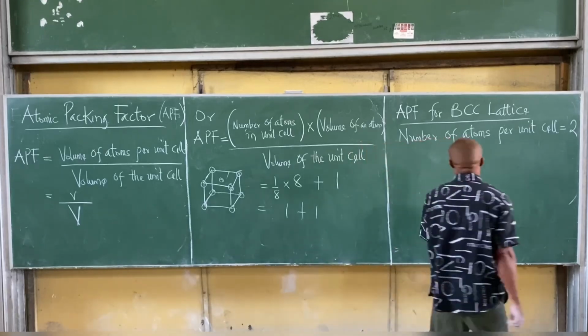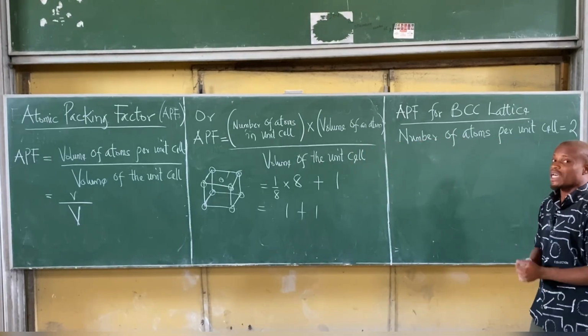So the number of atoms per unit cell for a BCC lattice is 2.